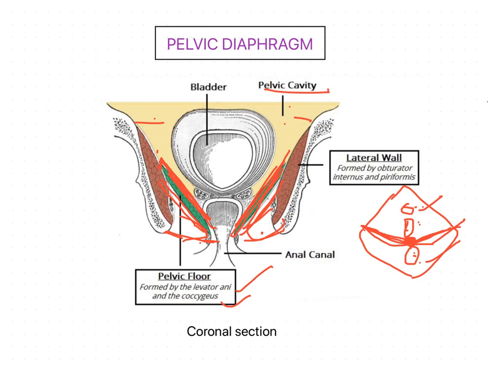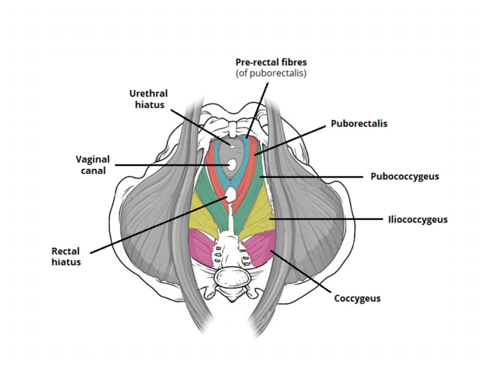Now we will see how the floor is formed. A number of muscles help make up the walls of the pelvic cavity. We are considering only the pelvic floor muscles.